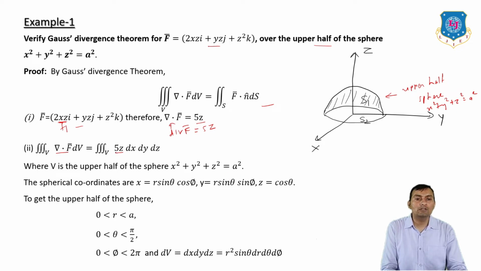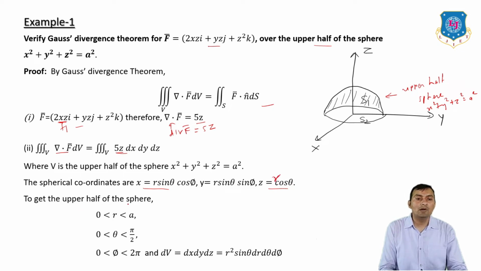To evaluate this triple integration, we use spherical coordinates. We all know that in spherical coordinates x equals r sin theta cos phi, y equals r sin theta sin phi, and z equals r cos theta.